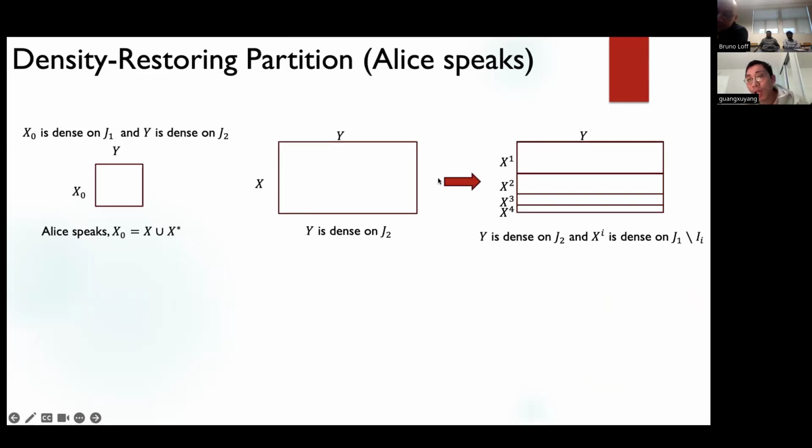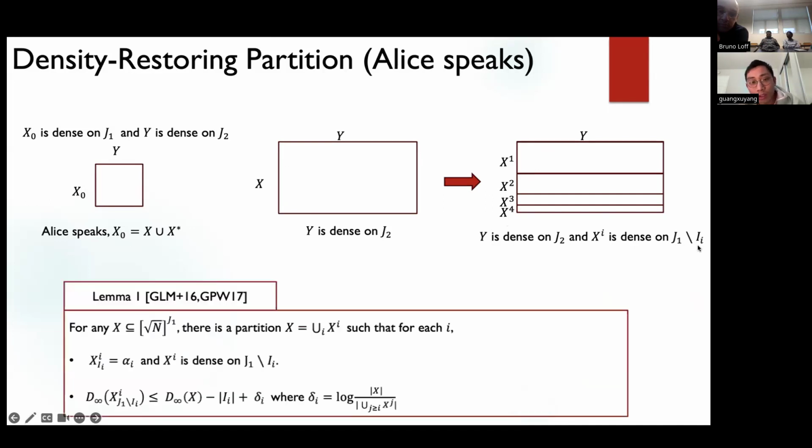So you do the density restoring partition on x and get x1, x2, x3, something like this, and each xi is also dense on J1 complement minus xi. We can use this to prove the privacy.